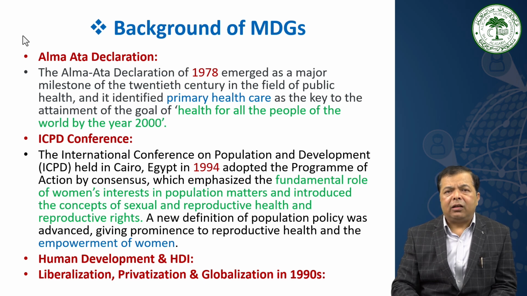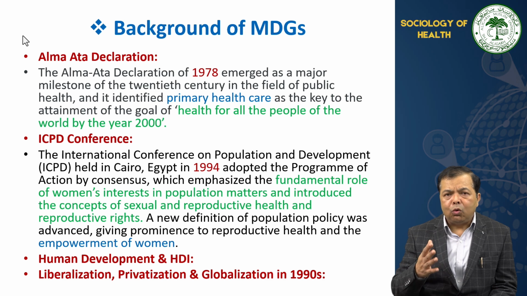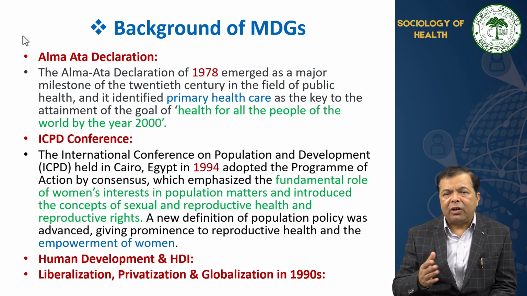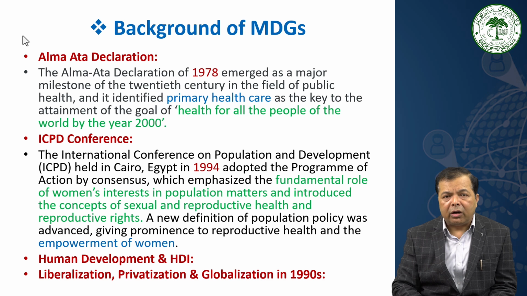And simultaneously there was the ICT revolution, which was paving the path of the communication revolution. So the world was witnessing some kind of globalization. But this globalization was also accompanied by two other processes, which were liberalization and privatization. And these are very important.